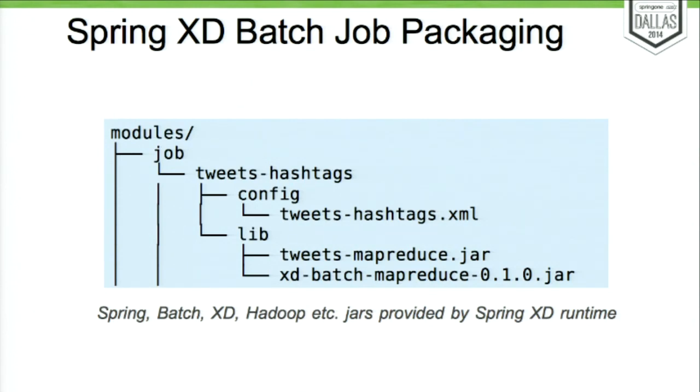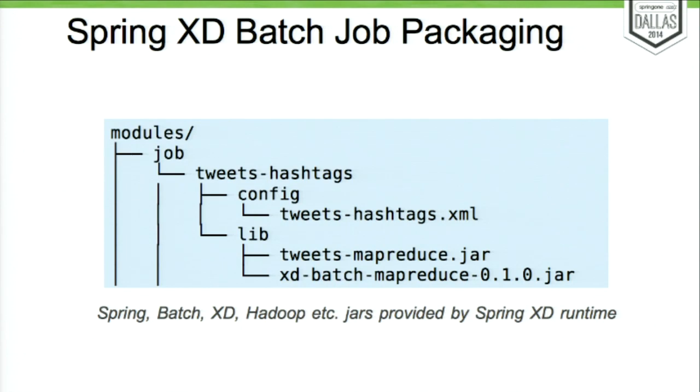You define a config directory where you put your XML file, which is basically an application context. And you have a lib directory for all the jars that you need for running the job. Just the jars that you're providing. Spring XD has a lot of jars already built into the runtime, so you should not put those in there, just the extra stuff.